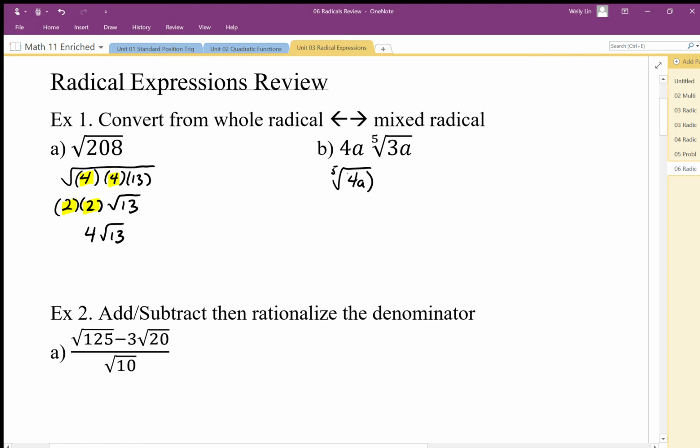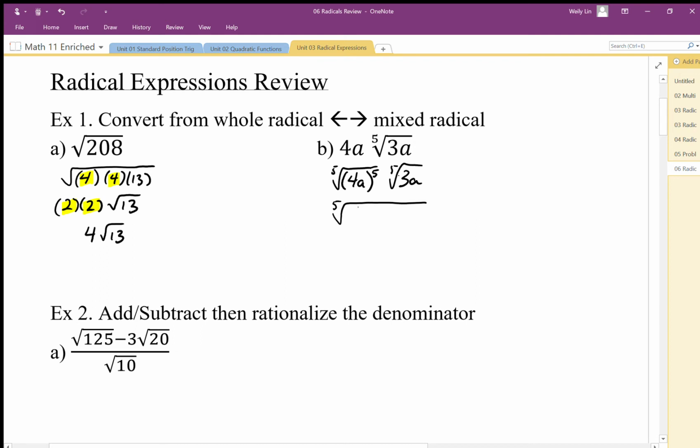And if we're going to put it under a fifth root, to keep the same value, we're going to power it by power of 5. So basically the big idea in math is that if we apply a fifth root to it and apply a power 5 to it, they undo each other and we have the same expression that we started with. So once we have it in the same index, we can write it all under one index.